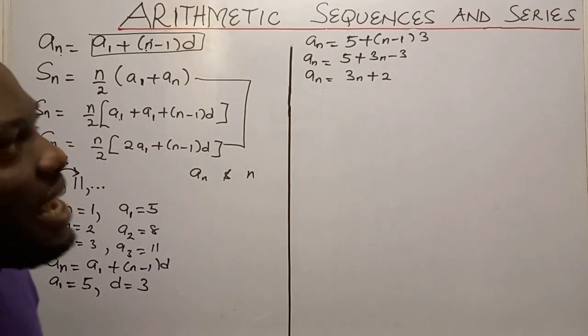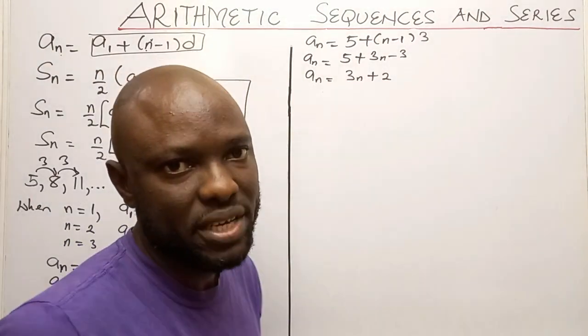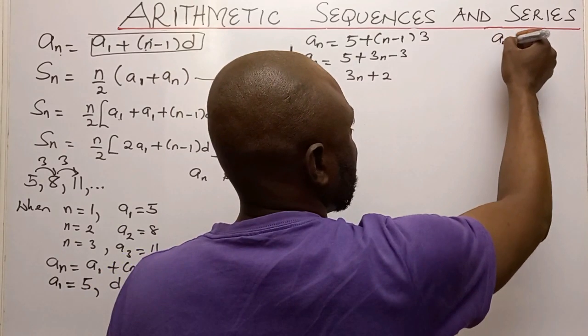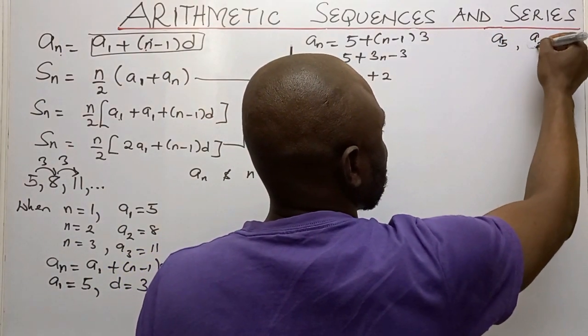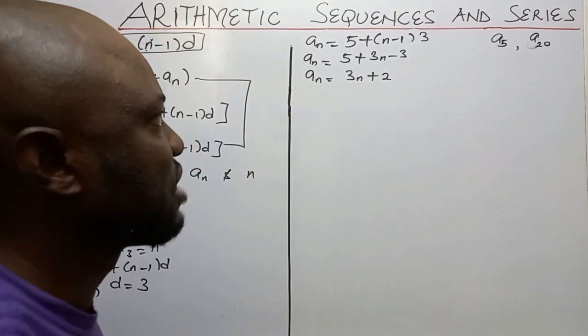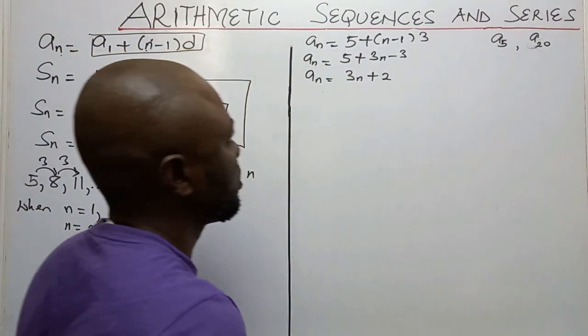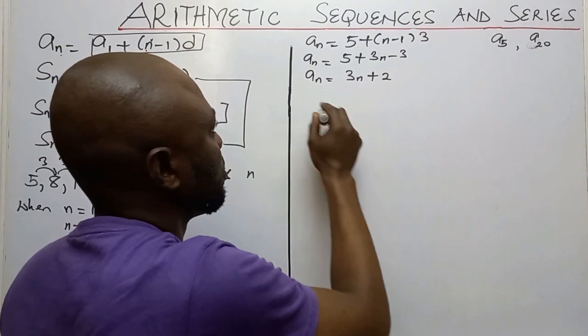Now we can be asked to find the 5th term in the sequence, which is a sub 5. We can be asked to find the 20th term, which is a sub 20. If we want to get a sub 5, we just go to the formula.